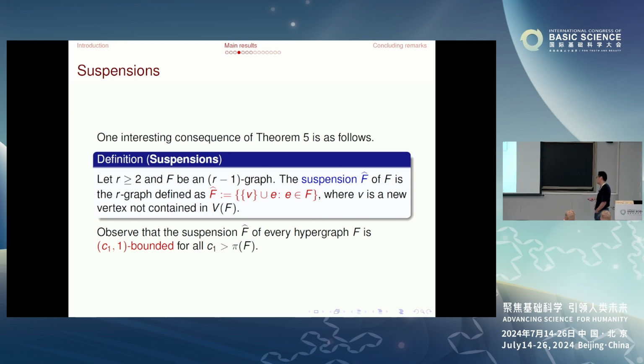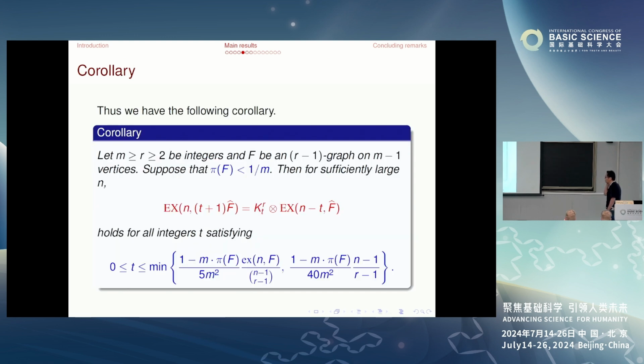It's (C1, C2)-bounded, where C2 equals 1, but we always have C1 is the Turán density of F. So since it's bounded, we have this one: if the Turán density of F is at most 1 over m, then we always have the extremal graph of the substitution of F.